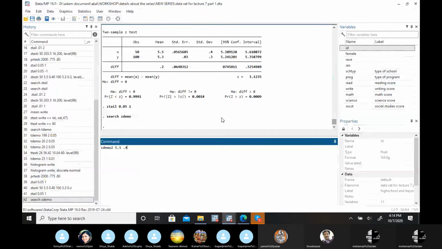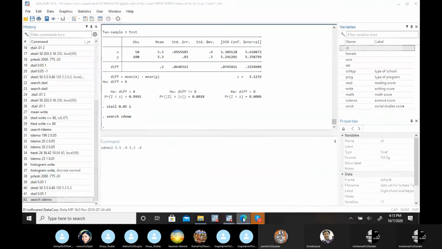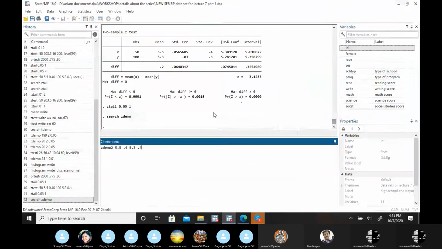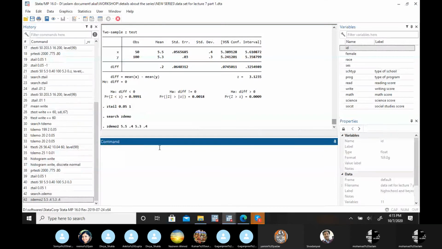Then the mean of the second is 5.3, and its standard deviation is 0.4. I'm trying to look at these two distributions which we are comparing. So just press enter.